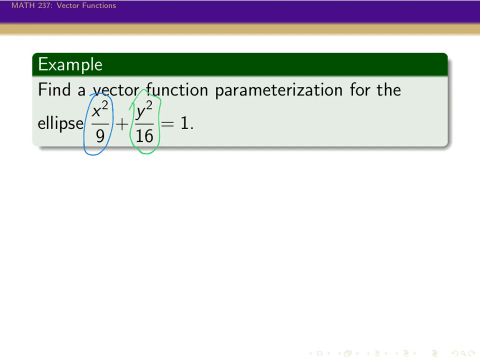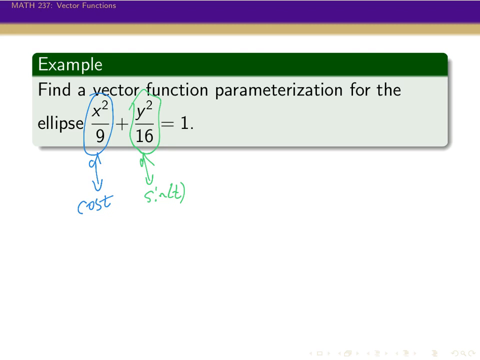Well, what I'm going to do is set the first term equal to cosine of t, the second term equal to sine of t, and solve out what x and y have to be.